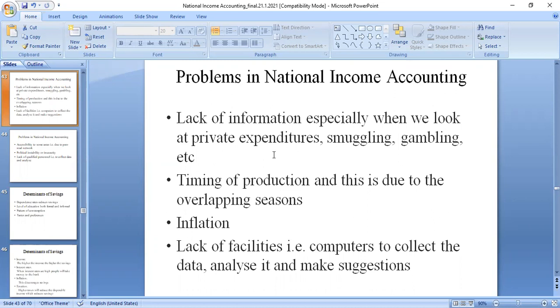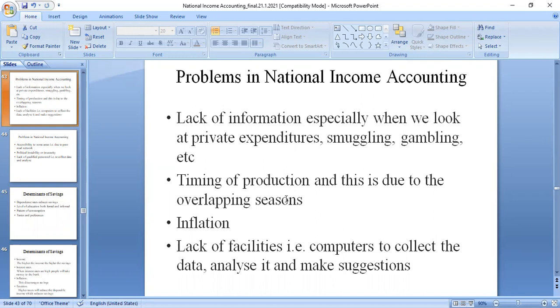So that's what we call the underground economy. Some of those private expenditures are not exposed. You cannot know. So that information will not be known, and therefore it will not be included in the national income accounts.